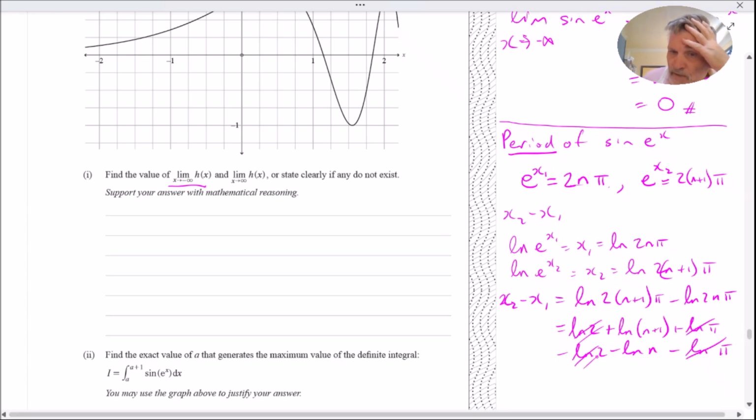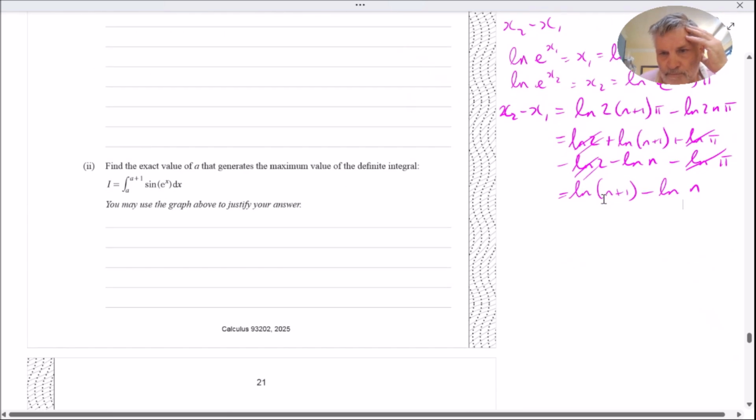All of these cancel, so we're just left with the logarithm of n plus 1, take off the logarithm of n, which is equal to the logarithm of (n plus 1) over n, which is equal to the logarithm of 1 plus 1 over n. And we're looking at this as n goes to infinity, because we want to go a long way out.